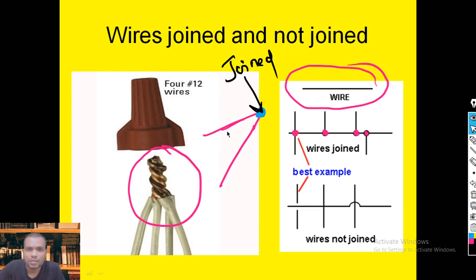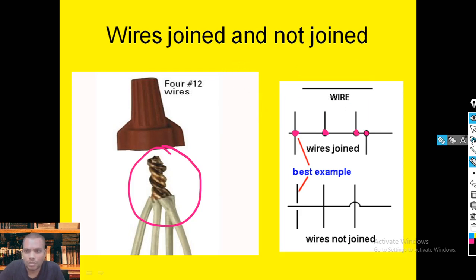Sometimes the wires should not join, but they will cross each other. Suppose one wire in the circuit is going this way and another wire is going this way, but they are not joined. If they join, we need to put a big dot here.